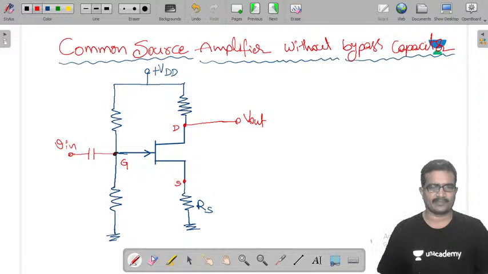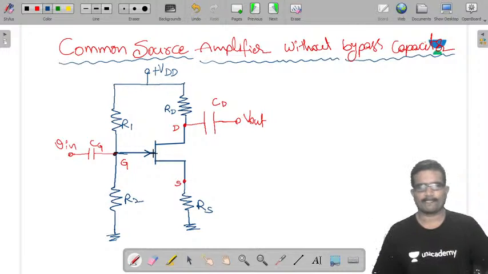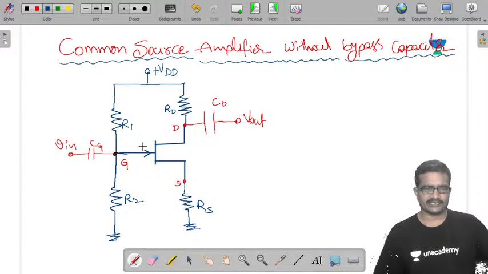Here we are using capacitors CD, CS, CG. The resistors are R1, R2, RD. This is the circuit diagram.